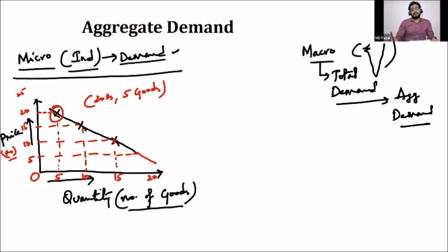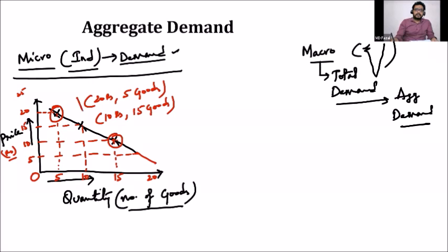That means to purchase 5 goods, you have to invest 20 rupees. And now take this other point. If you take this point, that means you have to invest 10 rupees to buy 15 goods. So what is happening here?